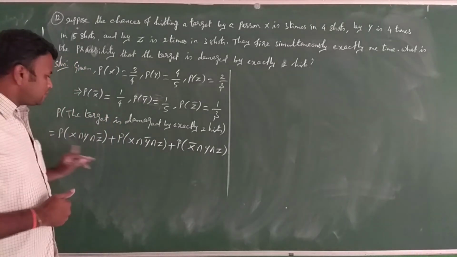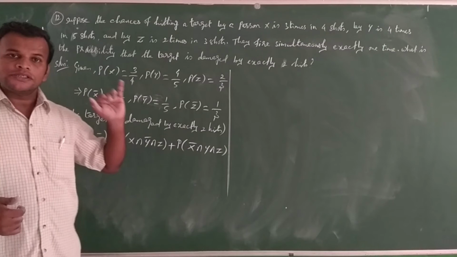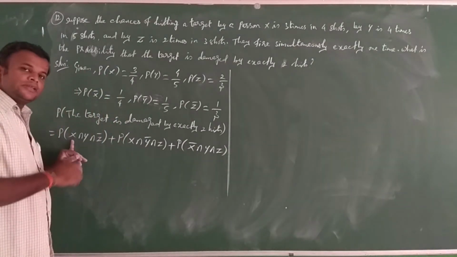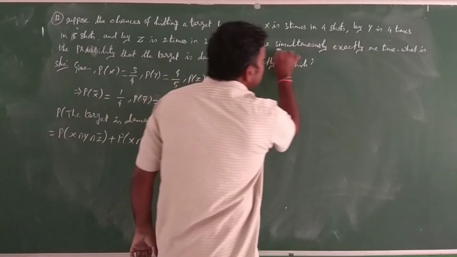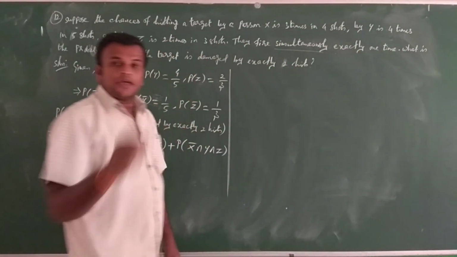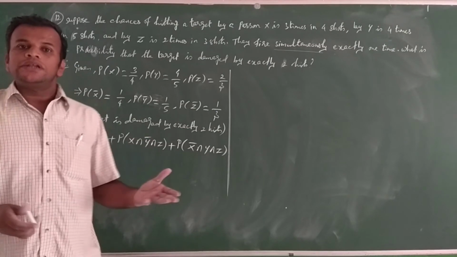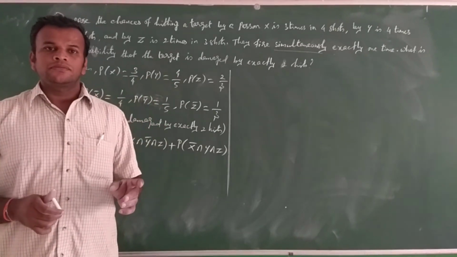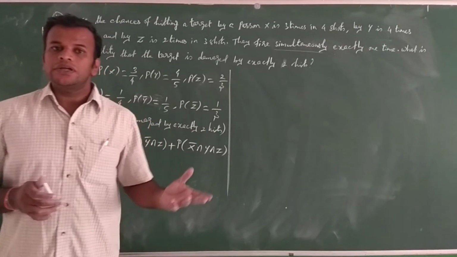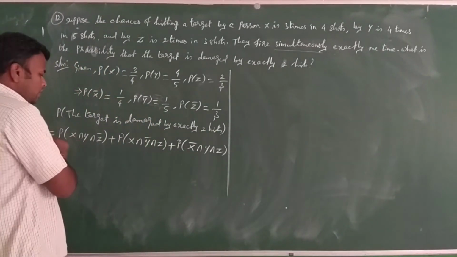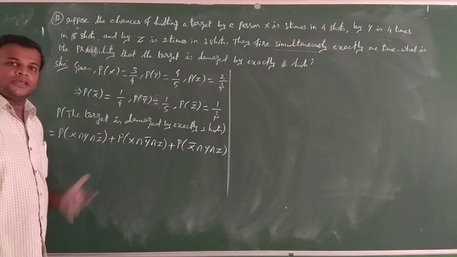They fire simultaneously, exactly one time, at a time. Suppose you can't make a proper practice, you do not hit the target. So I say all the events are independent events.